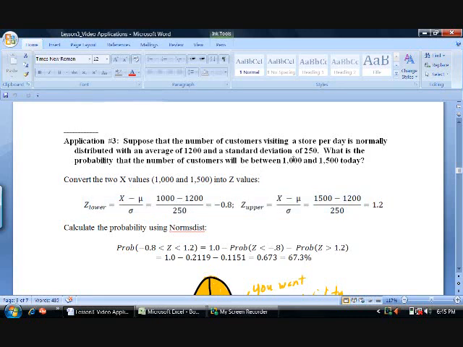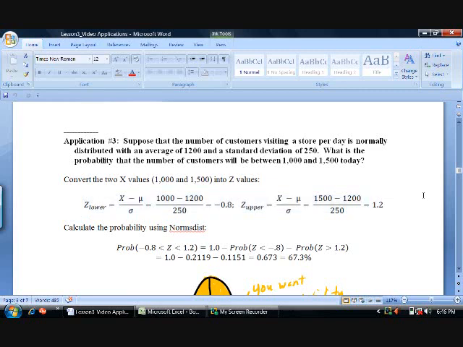And x of 1,000 is 0.8 standard deviations below the mean of 1,200. Converting the x value of 1,500 into a z, I take the x, 1,500, minus the mean, divide by the standard deviation, and it tells me that an x of 1,500 is 1.2 standard deviations above the mean.